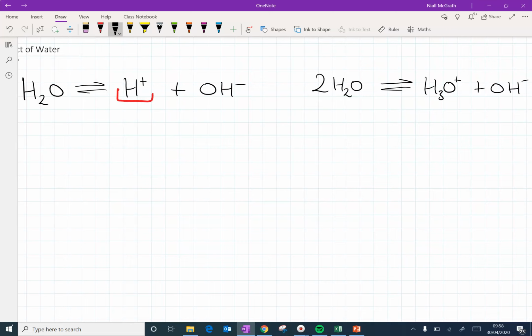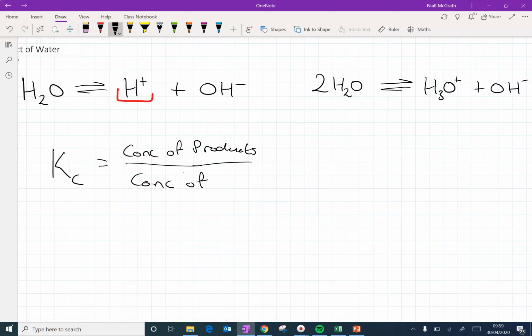Now, in the chapter on equilibrium, we saw that the equilibrium constant, Kc, is the concentration of your products over the concentration of your reactants.